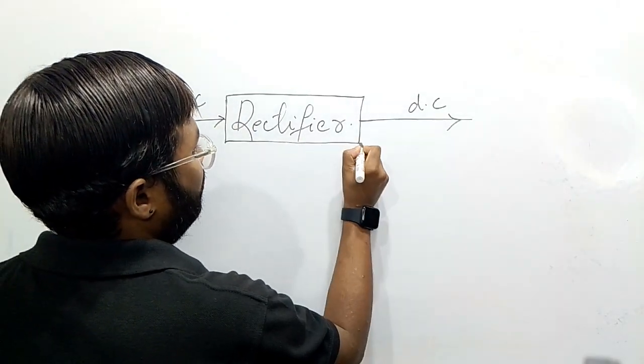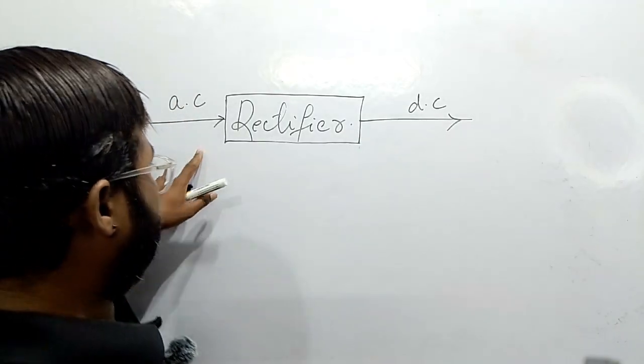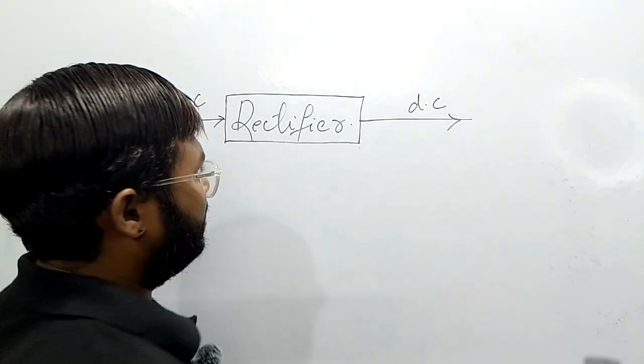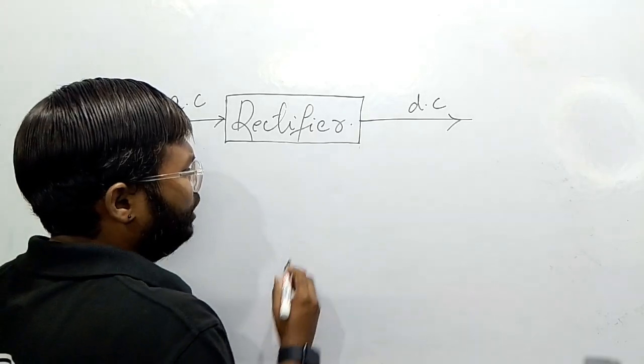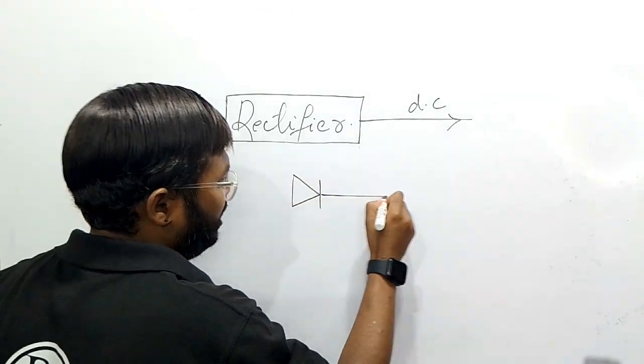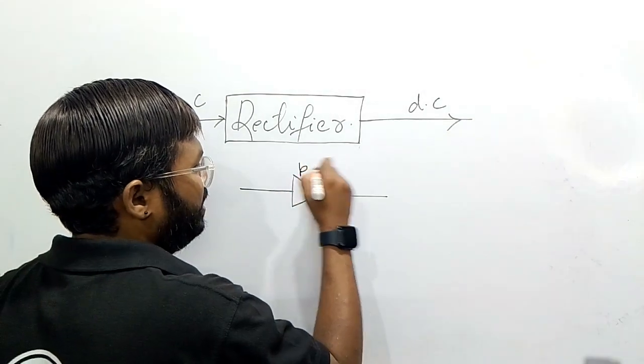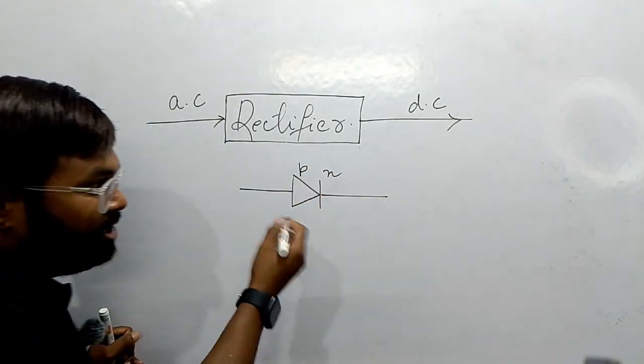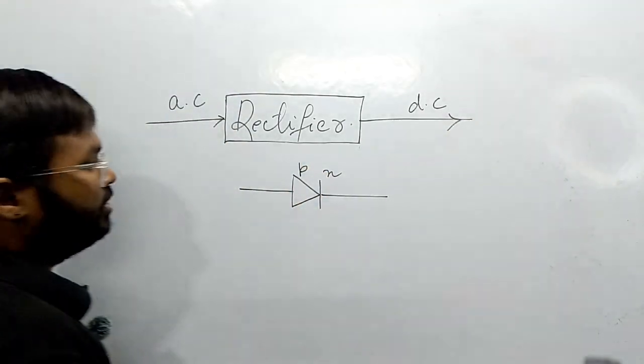So how does it work? Actually, it works with the help of a PN junction diode. This is P, this is N. And what is the principle of this PN junction diode?